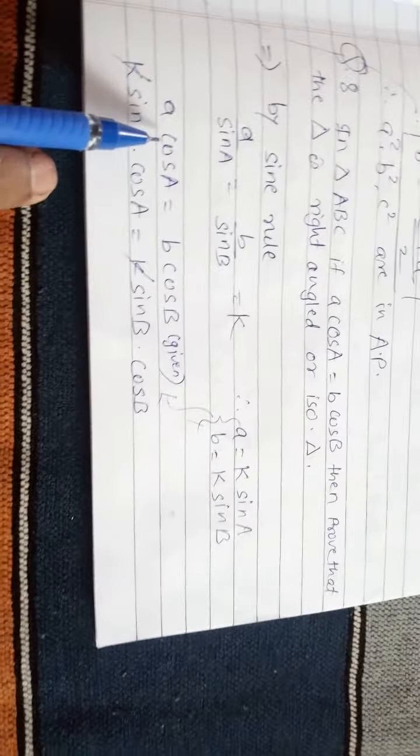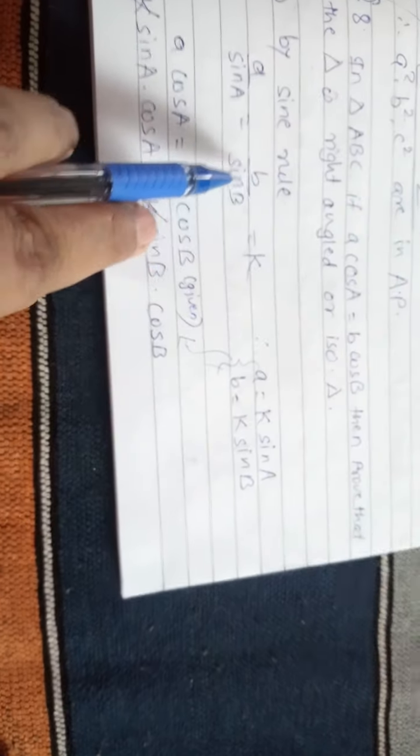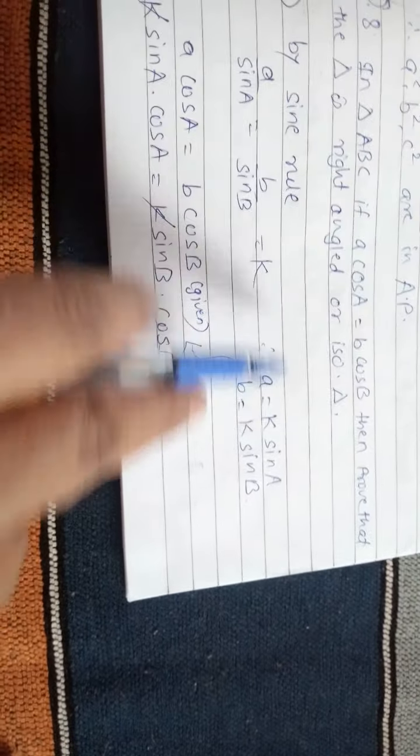So what is the value of a? It is k sine a. Here also b upon sine b is equals to k, means what is the value of b? b is equals to k sine b. So we're going to put down this value here. So a is k sine a and cos a as it is. Here b is k sine b into cos b. Now the k on both sides got cancelled, so we'll get sine a into cos a is equals to sine b into cos b.